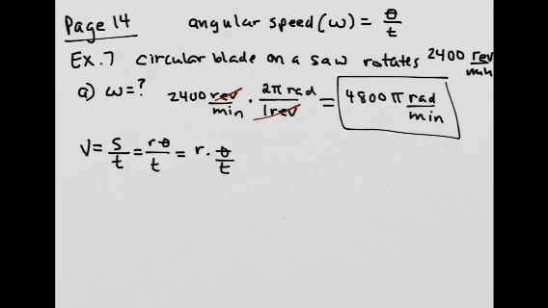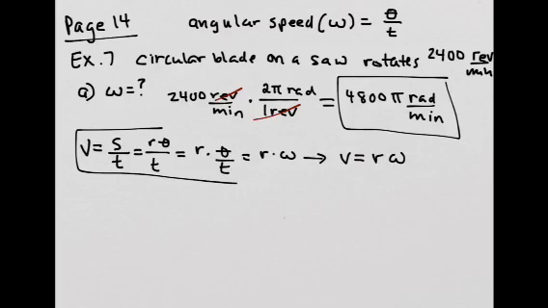I see theta over t, and that makes it r times omega. So what ends up happening is that v equals r omega. This part is not in your notes. Again, I'll go over it in class, but here's a connection between linear speed and angular speed.